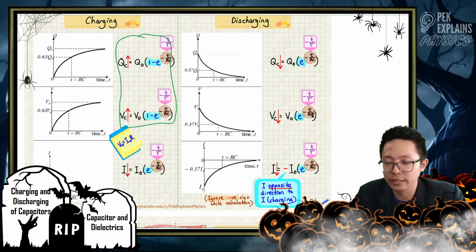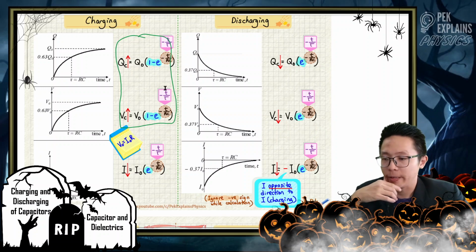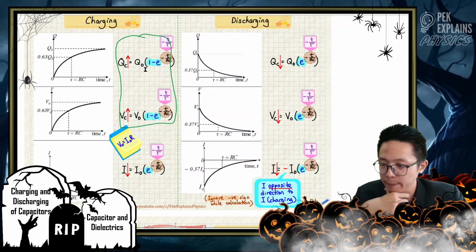But for all the others, use epsilon. Why? Because their quantity decreases. This one is 1 minus epsilon because the quantity increases.